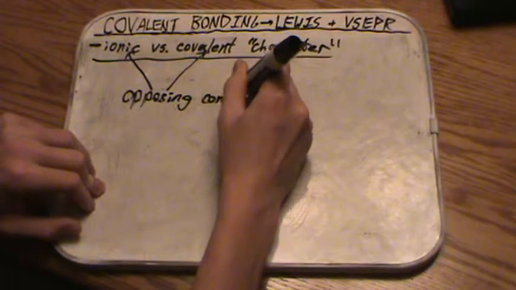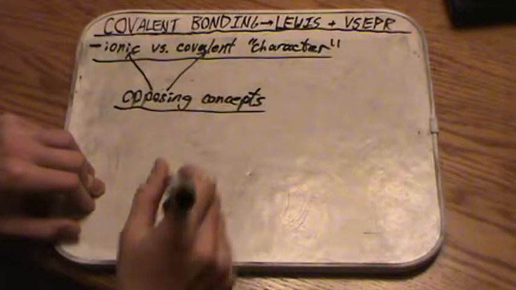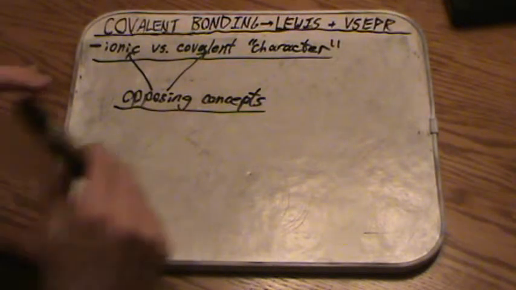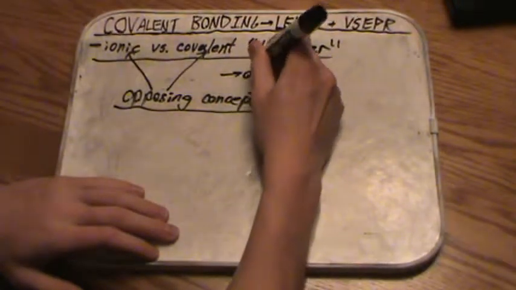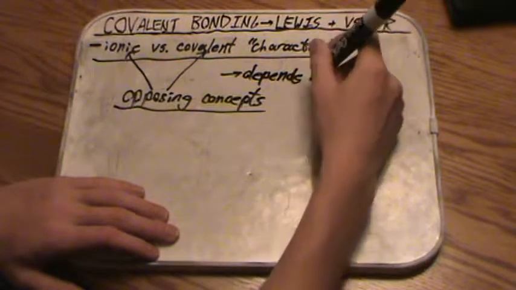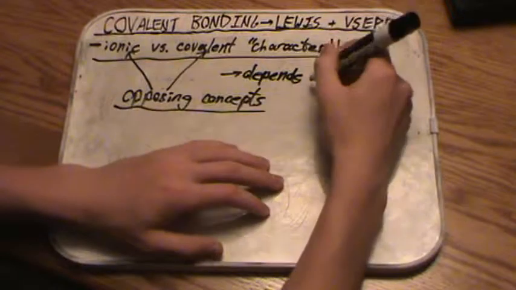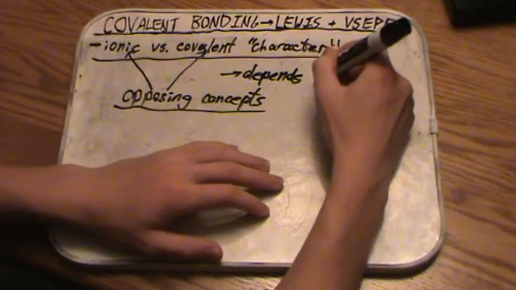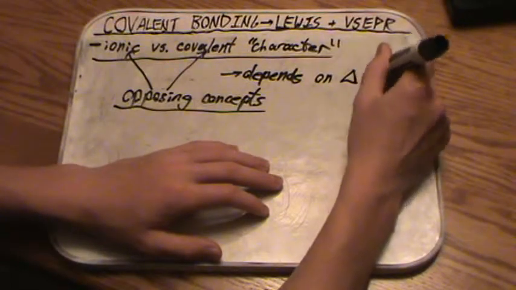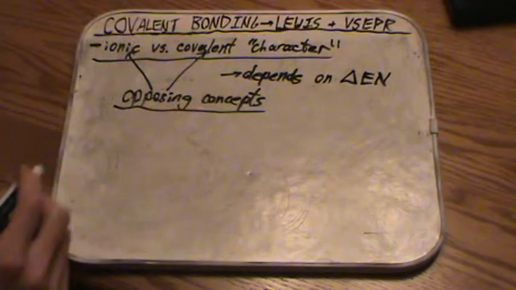And as we learned in the last video, the instances when ionic bonding is used versus covalent bonding depends on the change, the delta EN, the change in electronegativity from one atom to the next. So it depends on delta EN, which is the difference in electronegativity in the bond of one atom relative to the other.